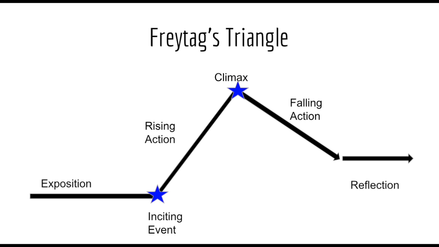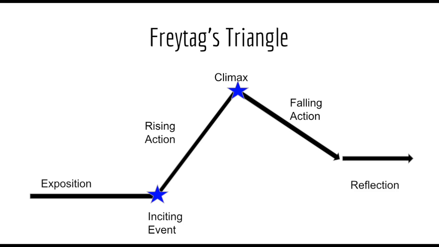We have what we call exposition, which is the background of the story, and it leads up to what we call an inciting event. The inciting event is the thing that changes everything. After this moment, everything is catapulted forward into the rising action, which is a building of tension. Things are getting more and more exciting or more dramatic.